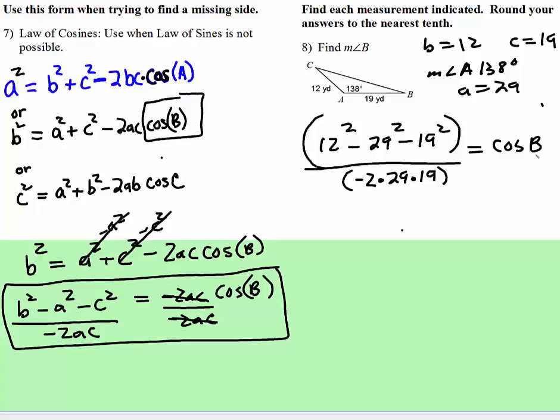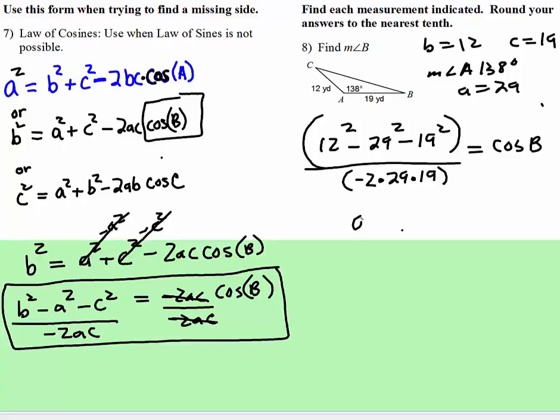So 12 squared minus 29 squared minus 19 squared, divided by negative 2 times 29 times 19, and I hit store, enter.